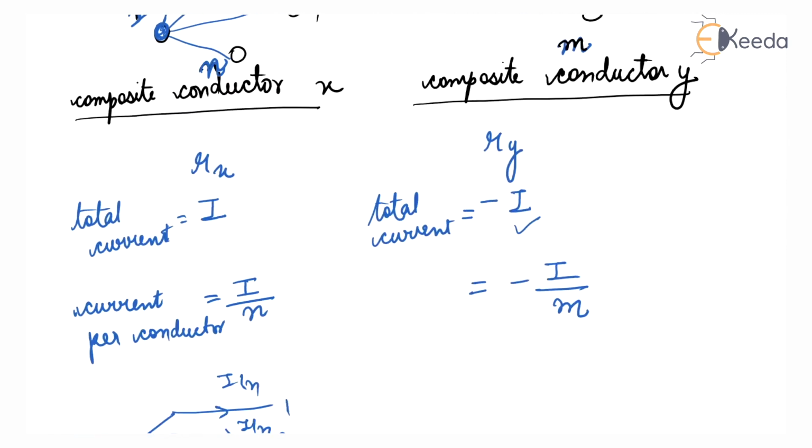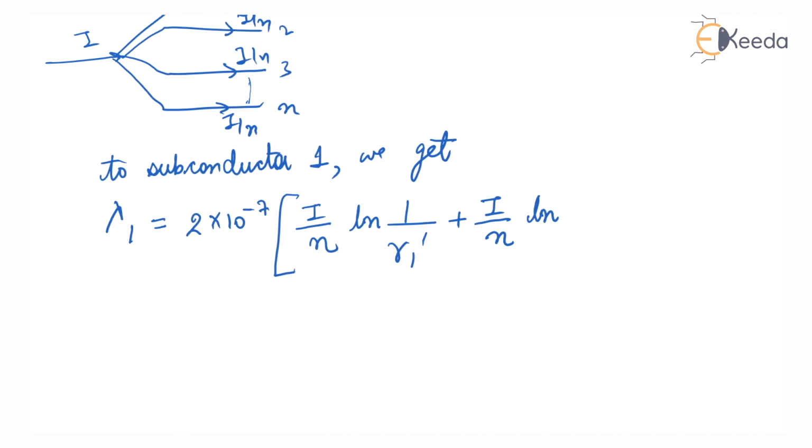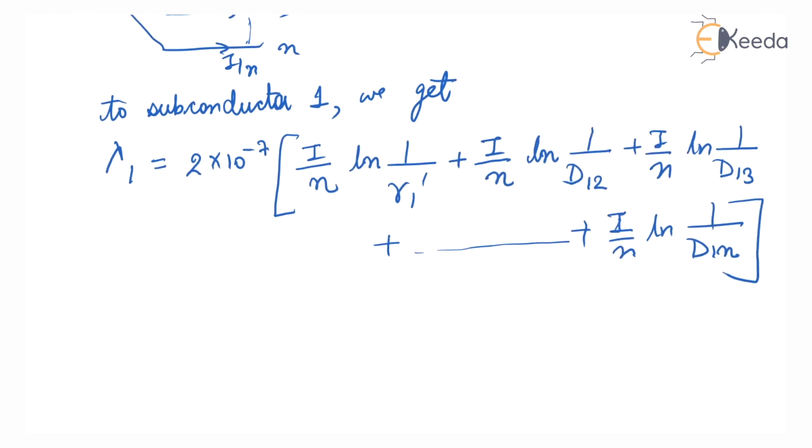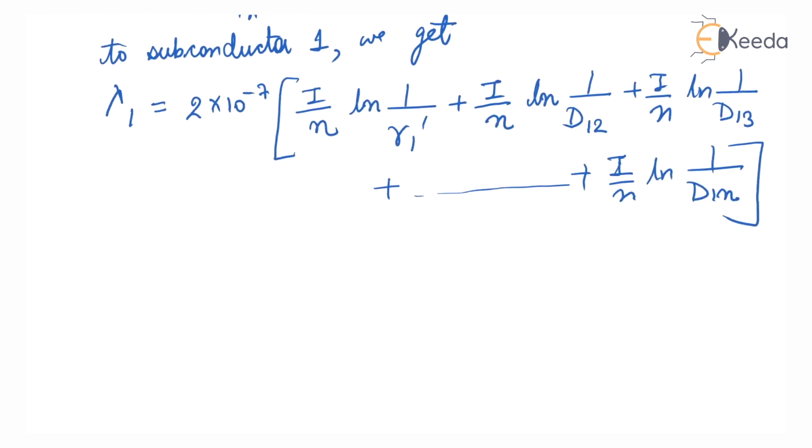So ln 1 by distance d12 plus 1 by d13 plus up to 1 by d1n. So this is within the group. This r1 dash is the radius of the subconductor in group X.